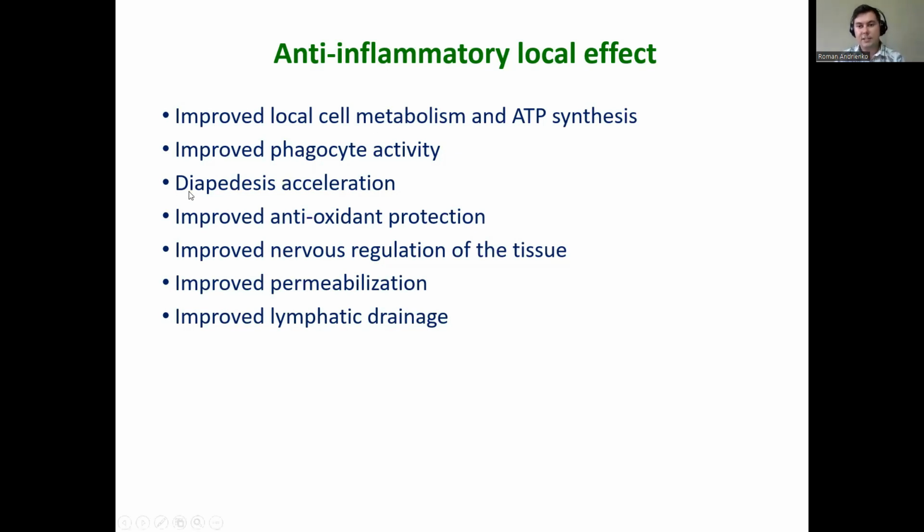It accelerates the process of diapedesis. It improves the antioxidant protection, which we already mentioned. It improves the nervous regulation of the tissue, improves permeabilization, which we also already mentioned, and improves the lymphatic drainage. All combined provides for fast disappearance of inflammation.